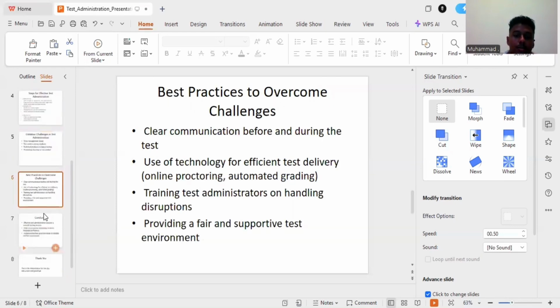Best practice to overcome challenges. Clear communication before and during the test. Use technology for efficient test delivery: online proctoring, automated grading, training test administrators on handling disruption, providing a fair and supportive test environment.